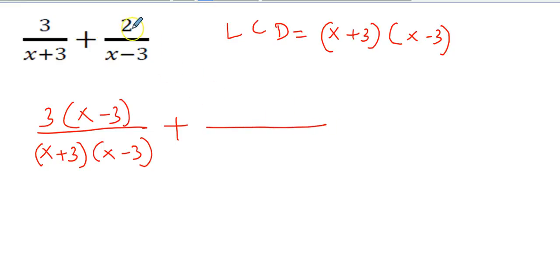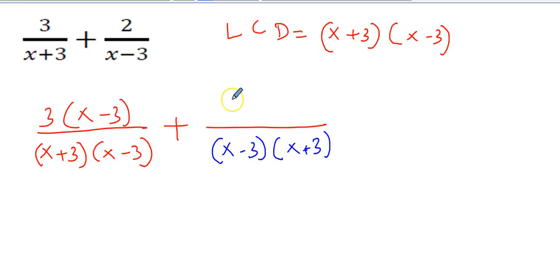Now the next fraction, 2 over x minus 3. So I'm looking for x plus 3 times x minus 3. Out of this x minus 3 I already have. I have to multiply with x plus 3. So this x minus 3 is multiplied with x plus 3, so that both the denominators are same now.